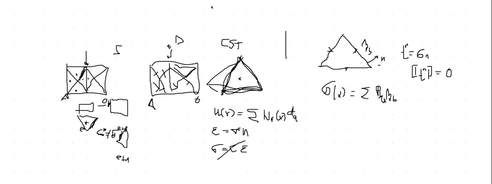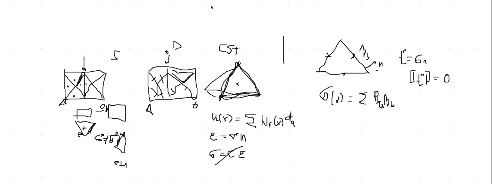I want to have, at the end, a hybrid stress formulation where displacement and stress are interpolated independently. And this could be easily generalized not only for elasticity, but also for plasticity, viscoplasticity, and so on and so forth.